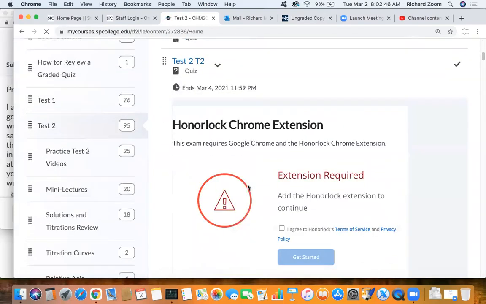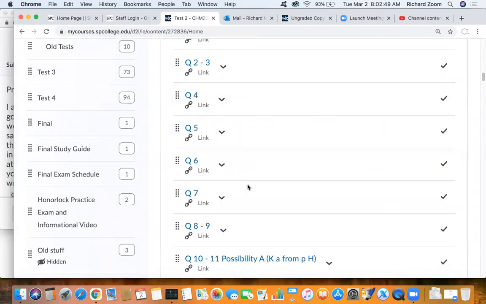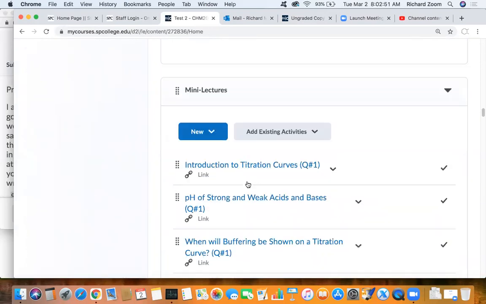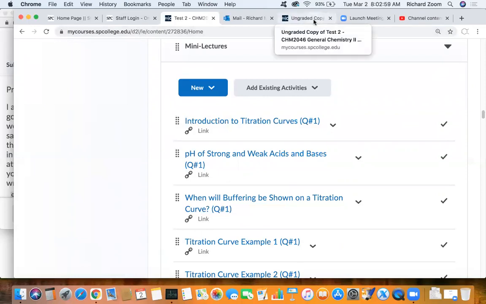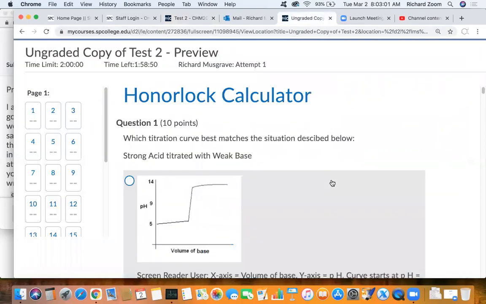Okay, here's what we're looking at. Mini lectures: when will buffering be shown on a titration curve? There's a video about this, Gabrielle, too.